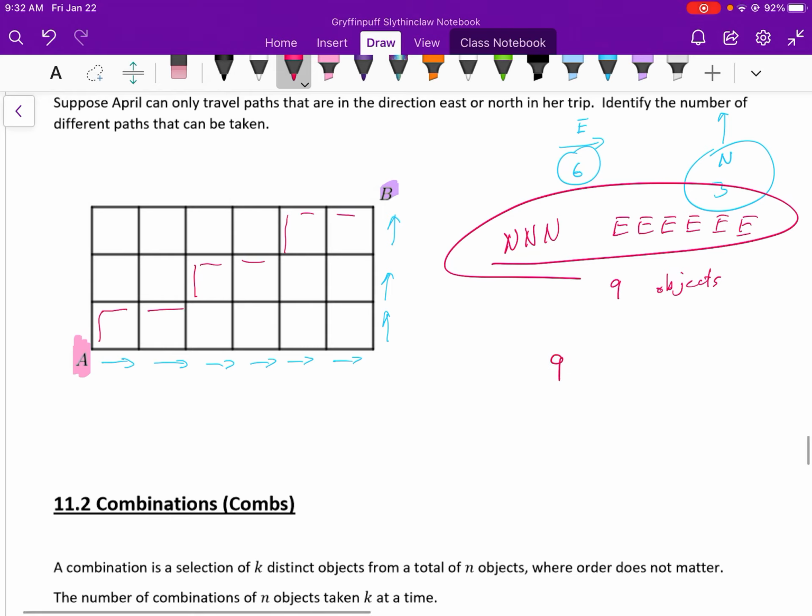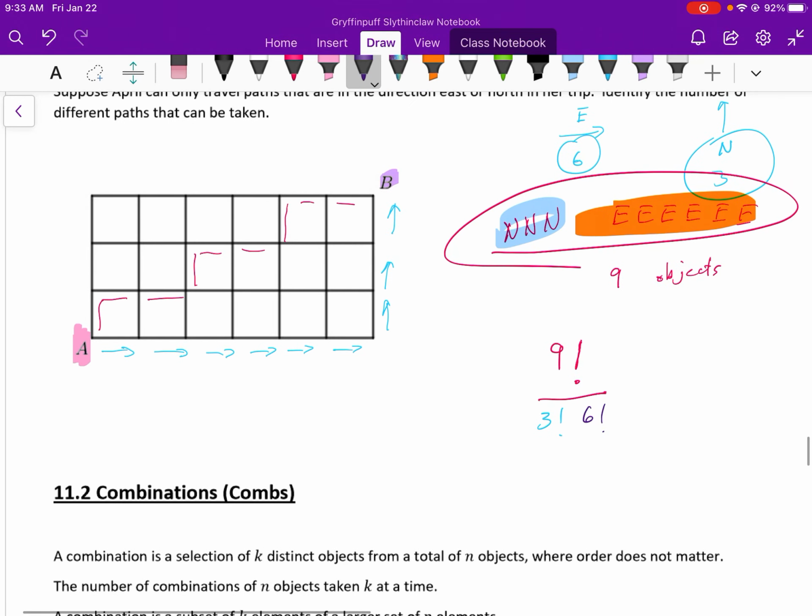So 9 objects can be arranged 9 factorial ways. N repeats itself 3 times, so I divide out that repeating nature by dividing it by 3 factorial. E repeats itself 6 times, so I simply divide that by 6 factorial. So 9 factorial divided by 3 factorial, 6 factorial will yield my answer.